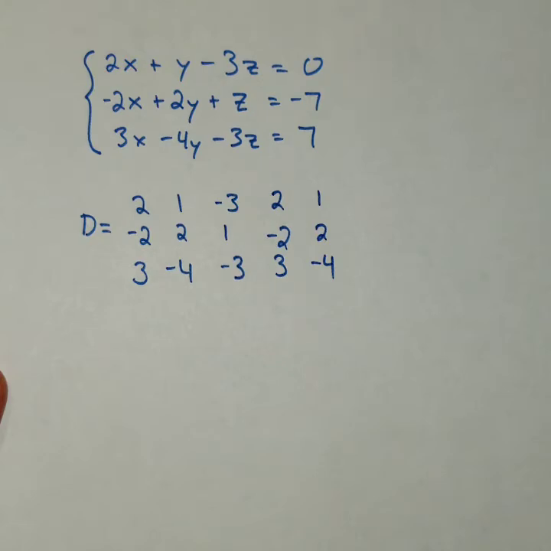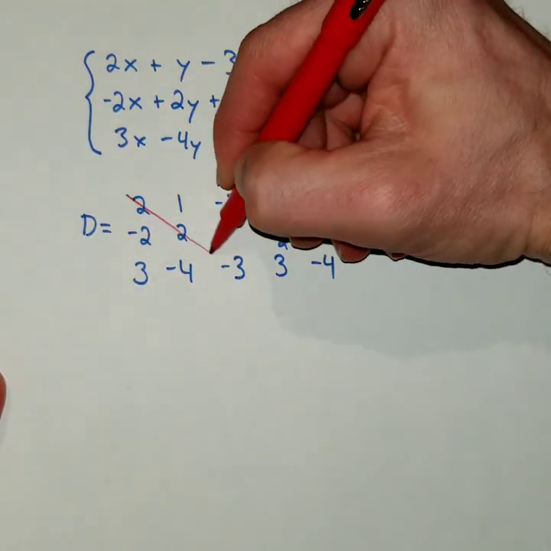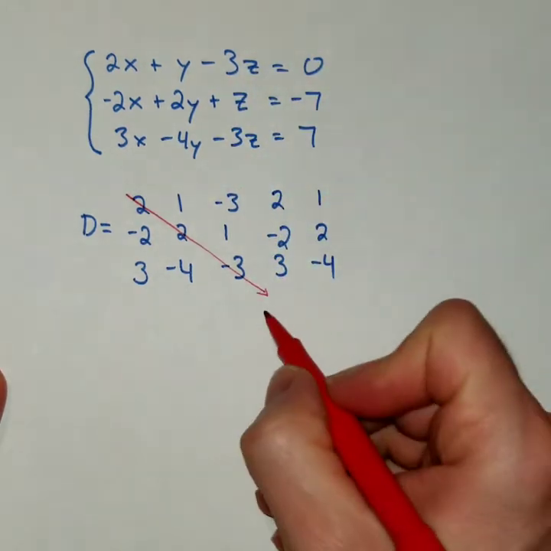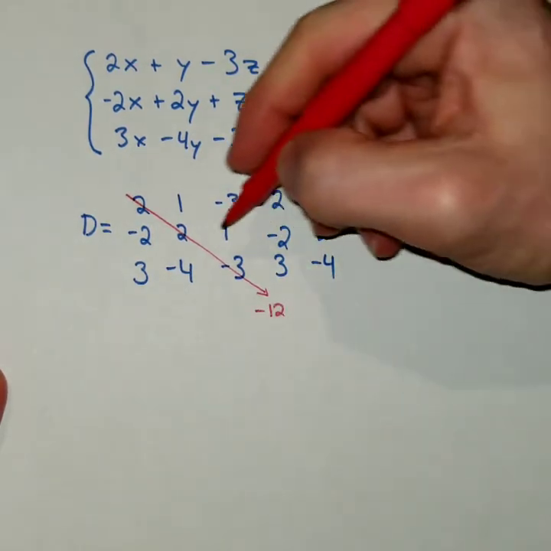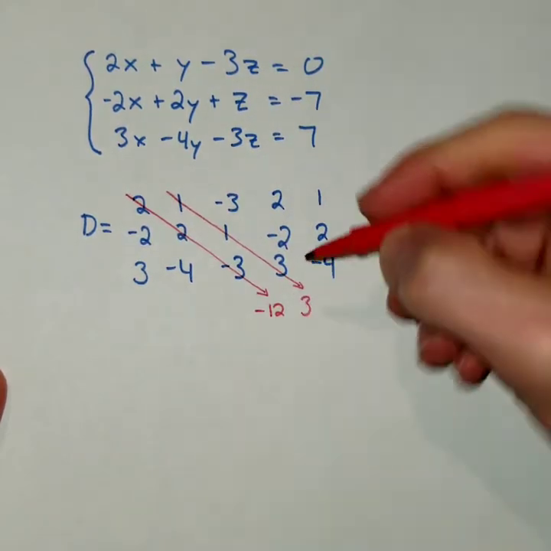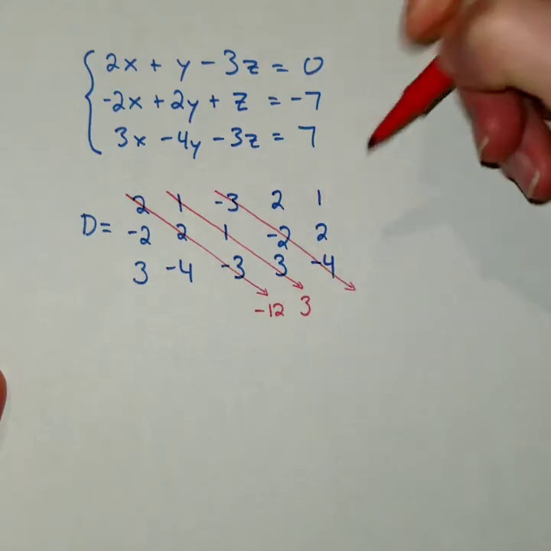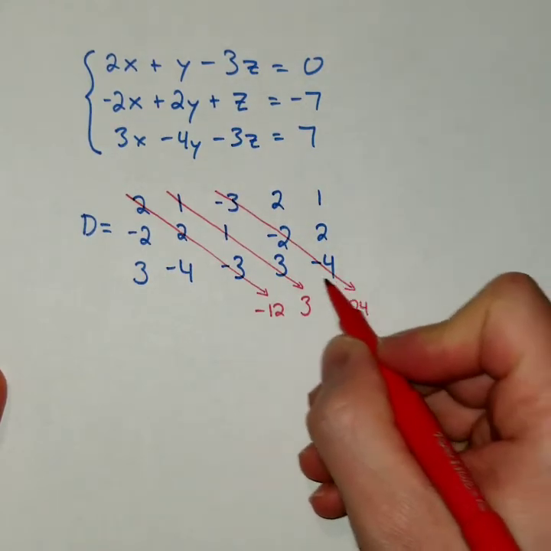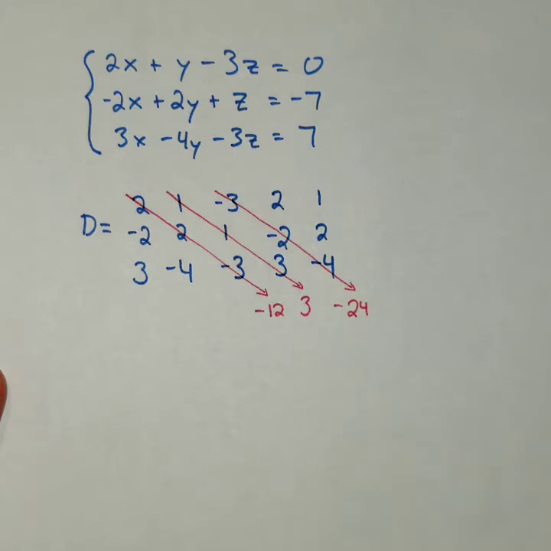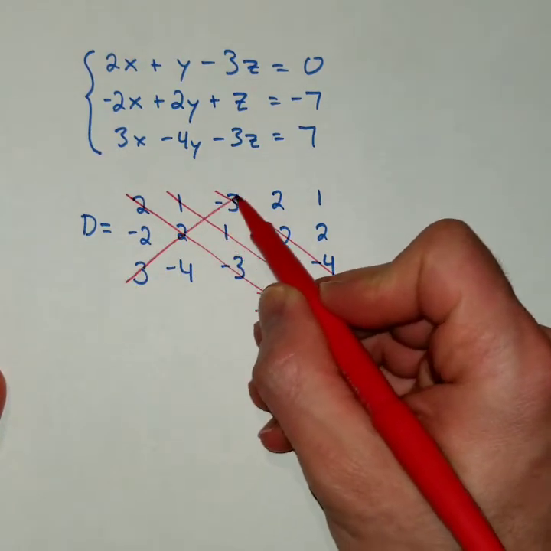Okay. Then we do our diagonals, our multiplication on the diagonals. 2 times 2 times 3 is 12, and it's negative. 1 times 1 times 3 is 3. 3 times 2 is 6 times 4 is 24. 3 negatives make a negative. Going up, 3 times 2 times 3 is 18.